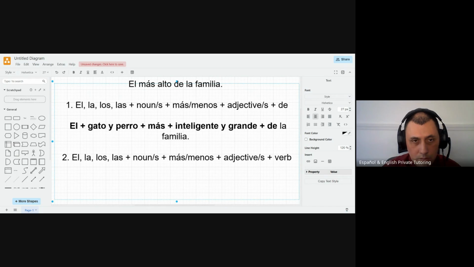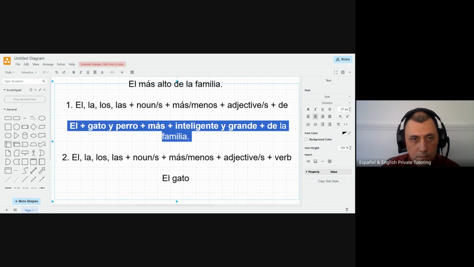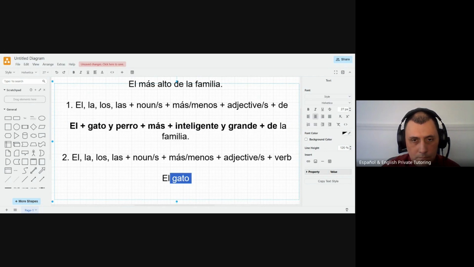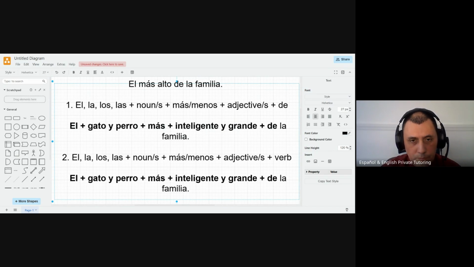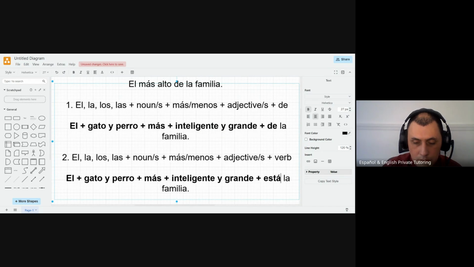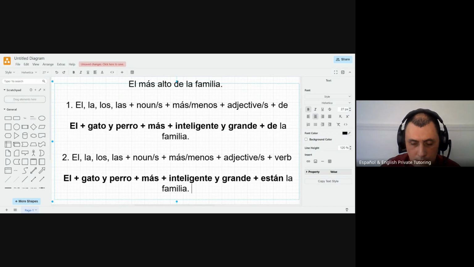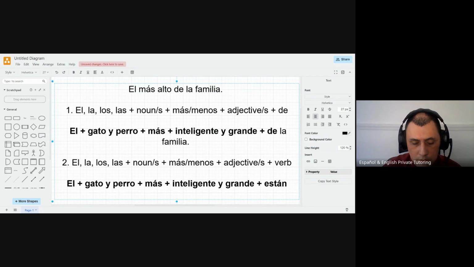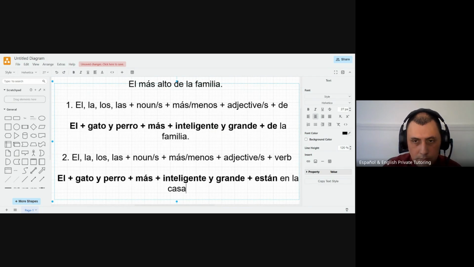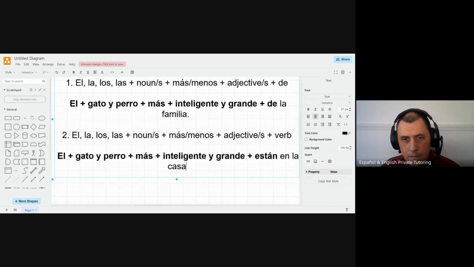It will be: el gato y perro más inteligente y grande están en la casa.